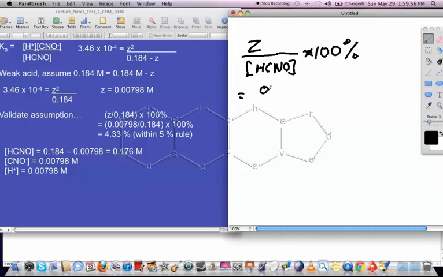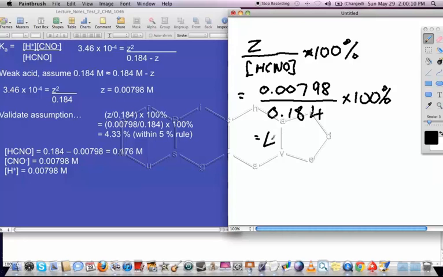So it'll be 0.00798 divided by 0.184 multiplied by 100%. And this comes up to 4.33%. So what this means is that 0.00798 is actually about 4.33% of 0.184.